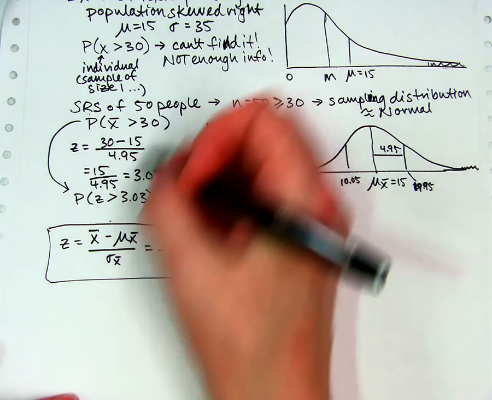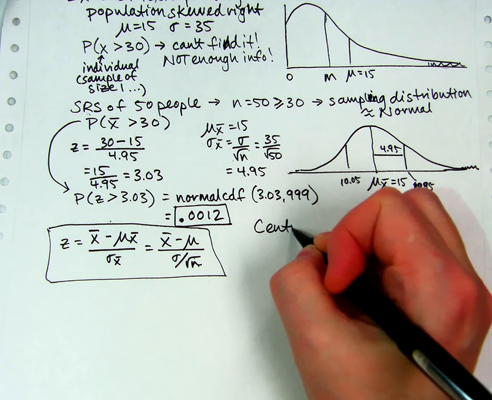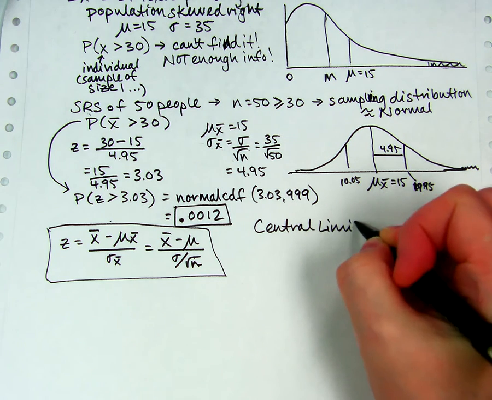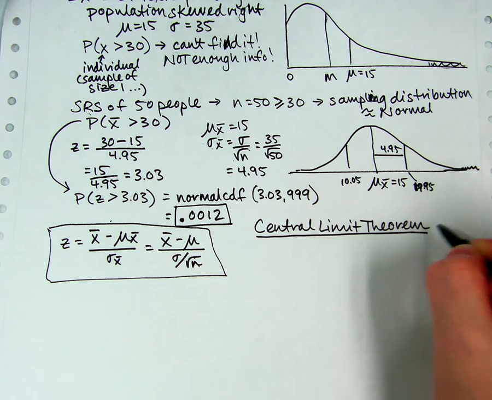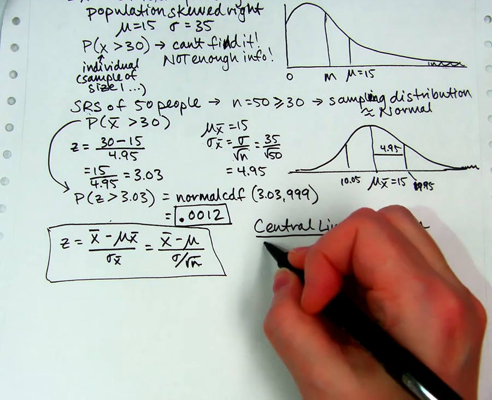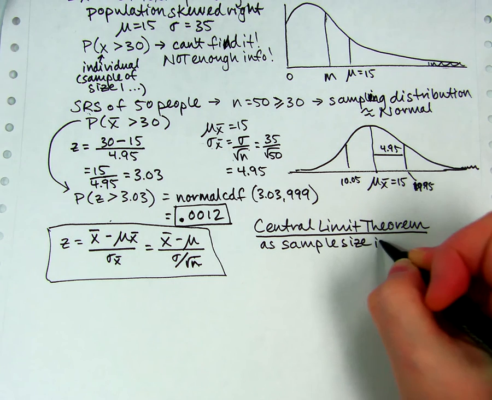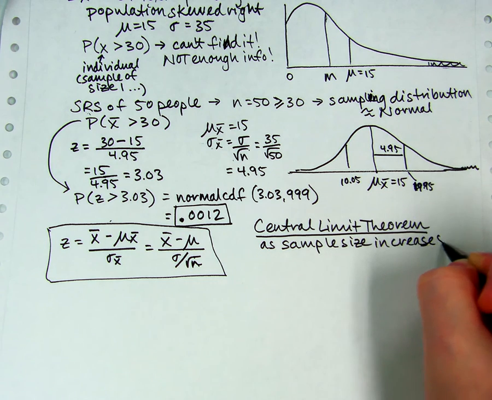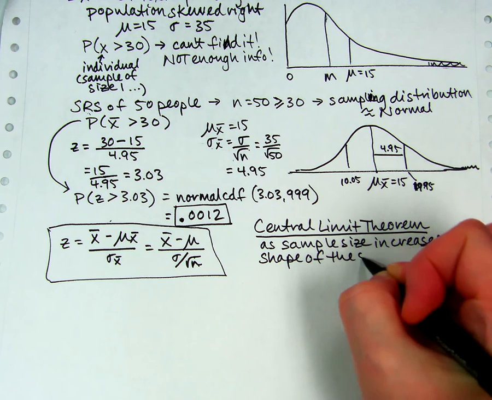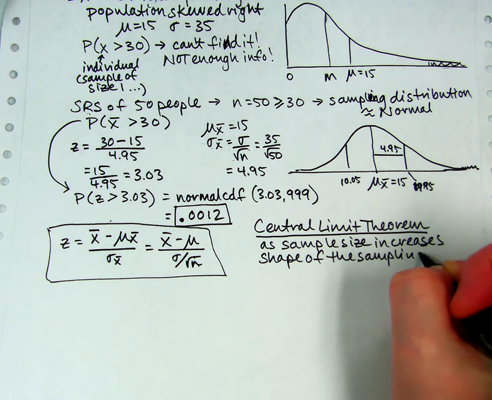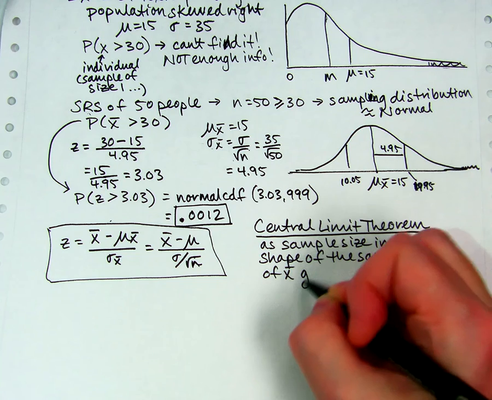And then this whole idea, I want to remind you, is based on the central limit theorem that I'm going to write down one more time, because it's so important. The central limit theorem says that as the sample size gets bigger or increases, the shape of the sampling distribution of x bar gets closer to normal.